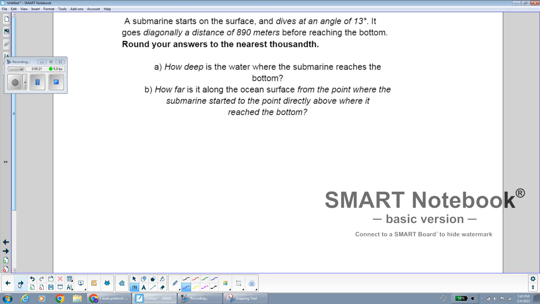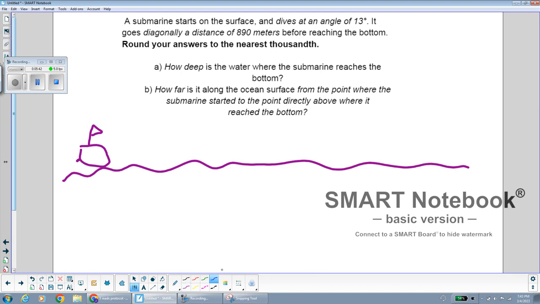Here we have another example, so feel free to pause the video to try it yourself. So a submarine starts on the surface of the water and dives at an angle of 13 degrees. So here's my submarine, and it's on the surface of the water to begin with, and it's going down, it's diving at an angle of 13 degrees.